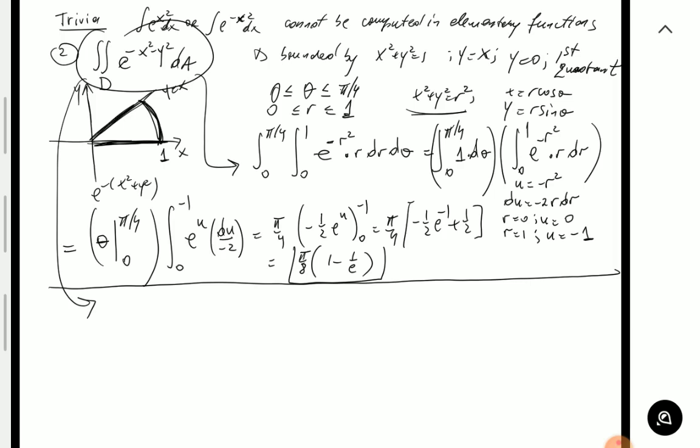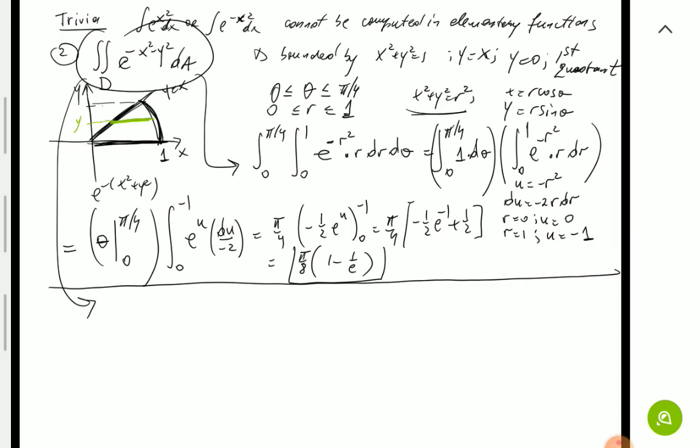Well, once again, if you look at this case, you can view this as a type 2 domain. In other words, we can slice the domain horizontally. Let's again change the color just to emphasize. So look at the typical horizontal slice with the bounds for y on the outside.